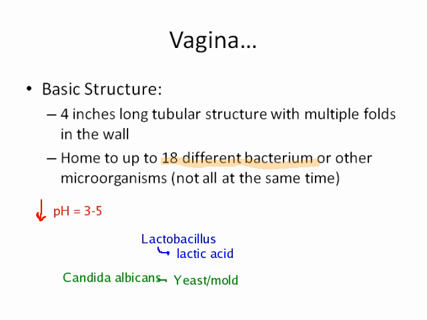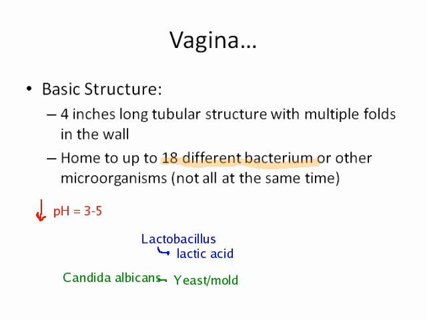It does live within the vaginal area, but it's kept at bay because yeast and molds do not like high levels of acid. They don't like a low pH. And so it does not become an issue except in cases where lactobacillus levels drop.